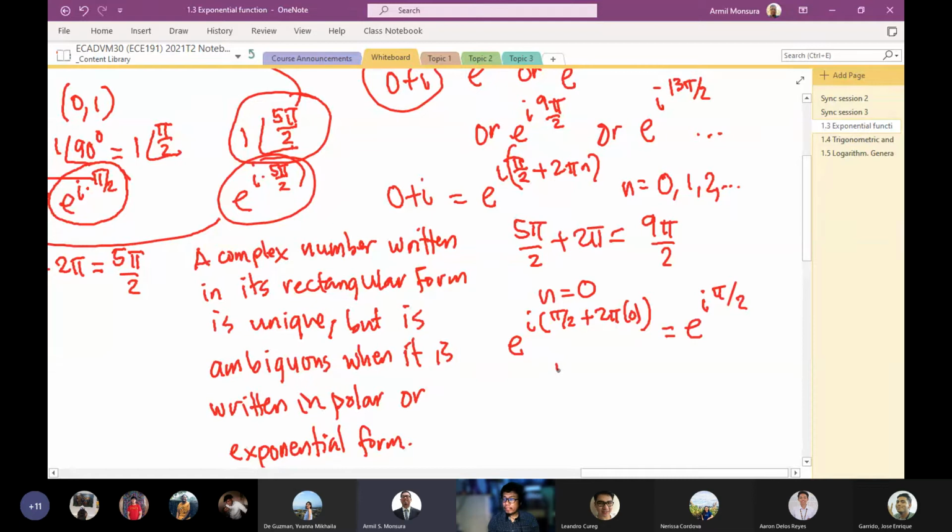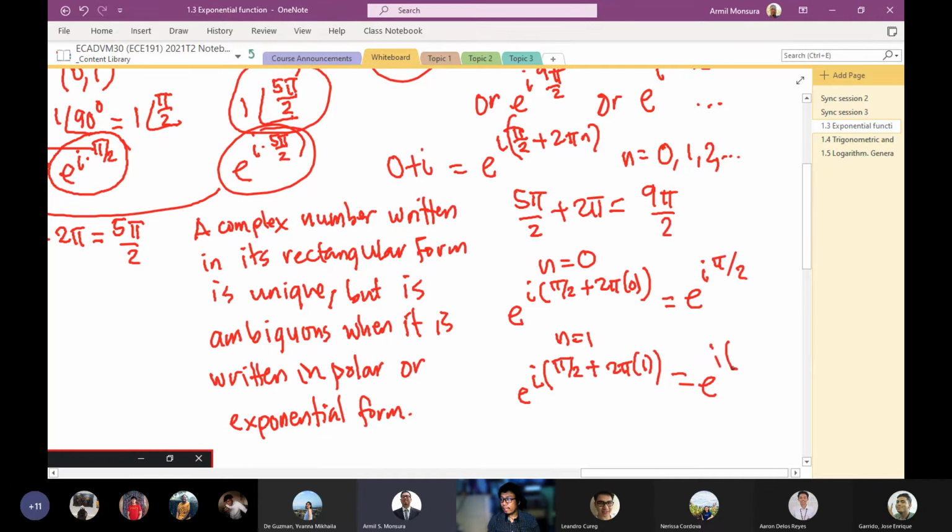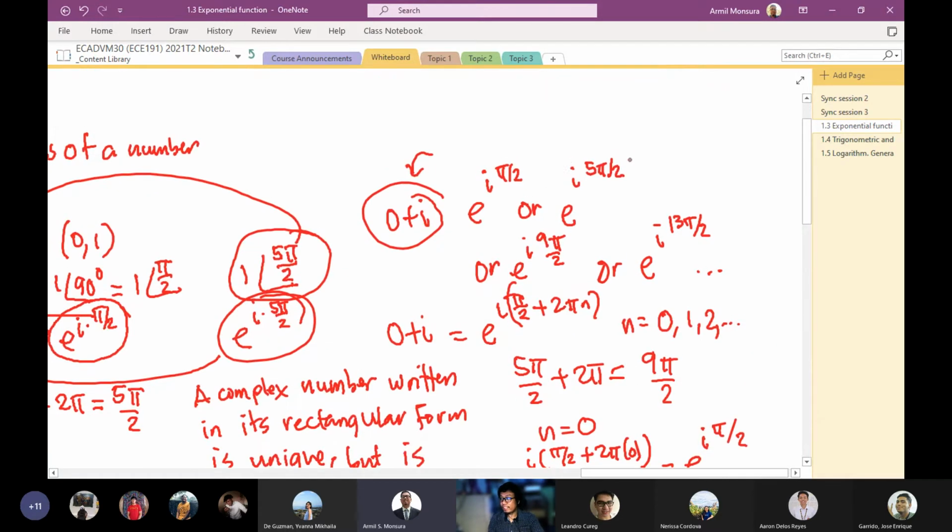Now, when n is equal to 1, tingnan natin ulit ito. That becomes e raised to i times pi over 2 plus 2 pi times 1. So that should give you 5 pi over 2. So ito yung nakuha natin dito.